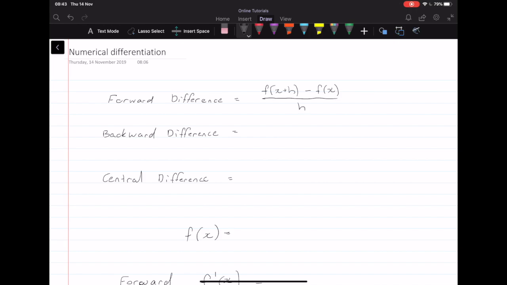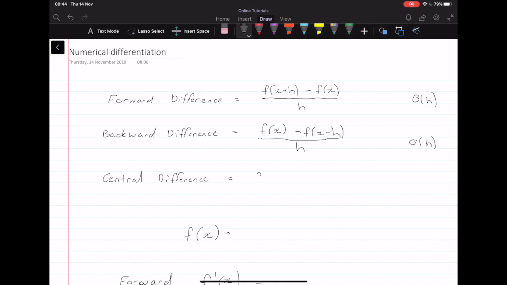For the backward, we have f of x minus f of x minus h over h, once again, and these both have an error of order h. We'll speak about this a bit later.